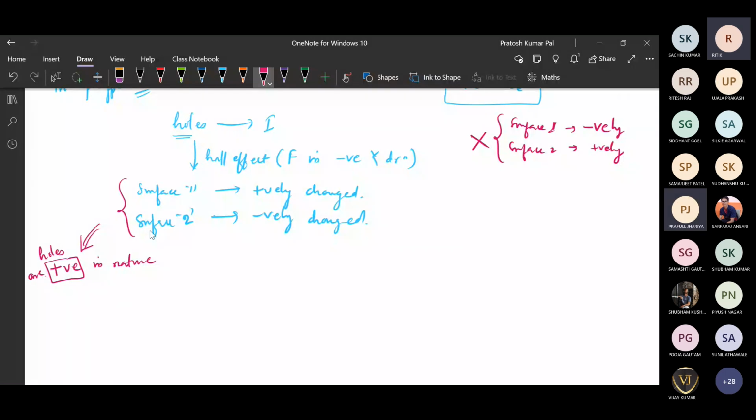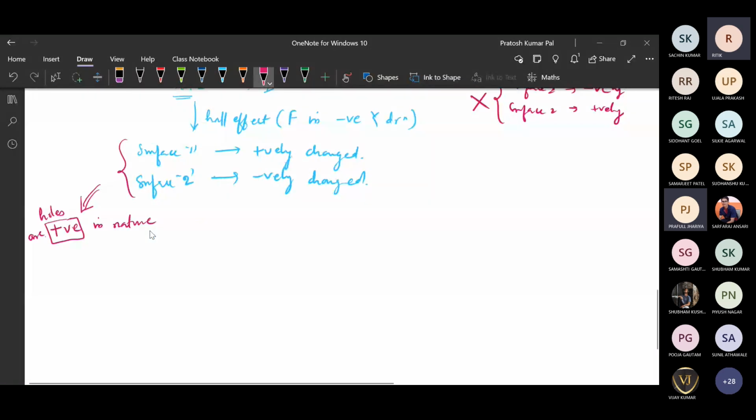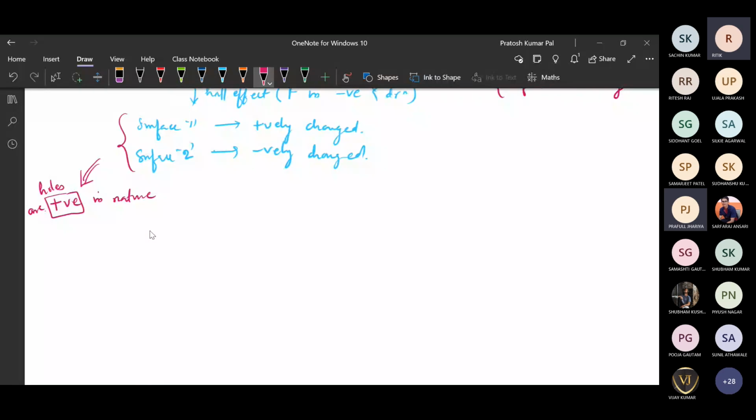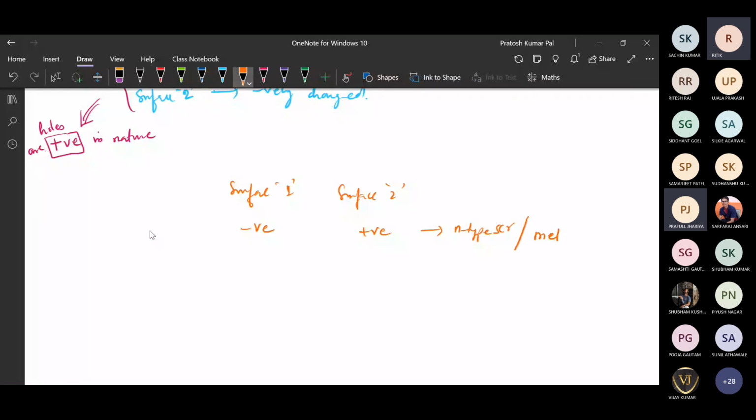Okay, so we can summarize this point. Suppose surface 1 is there, and surface 2 is there. If surface 1 is negatively charged and surface 2 is positively charged, then this will result in an n type semiconductor, or it could be a metal also. If it is a metal, then also the majority charge carriers will be electrons, which will be accumulated on surface 1.